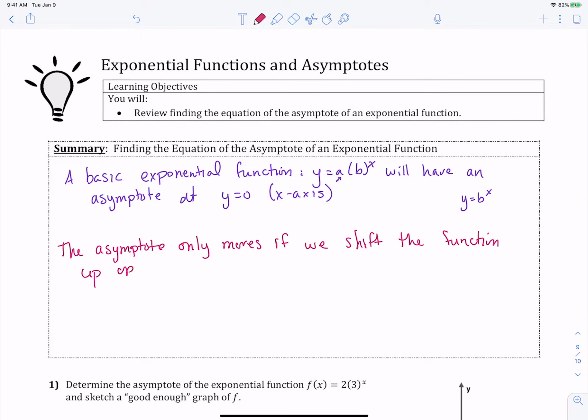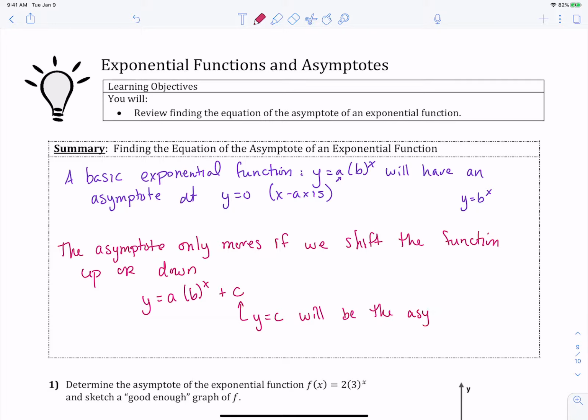So if we have y equals a times b to the x and then plus some number c, this plus c is going to be the location of our asymptote. So y equals c will be the asymptote.